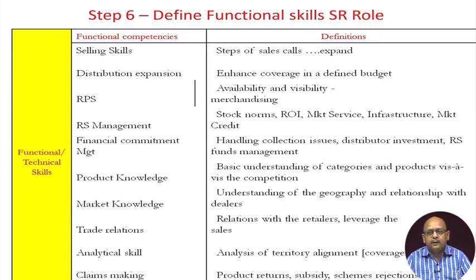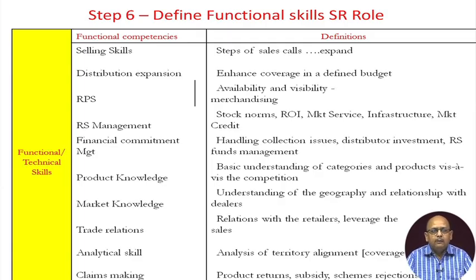Before that we have identified generic skills and behavior indicators, the conceptual skills. Then we move further to define other skills, that is functional and technical skills, because this skill is very important. Once we go about defining these skills, the competencies which are required to perform the job effectively, again here we are going to provide definitions.